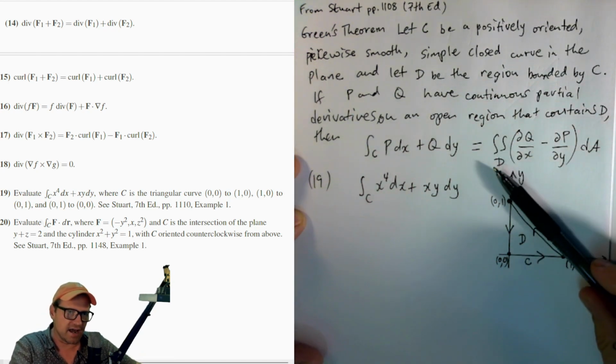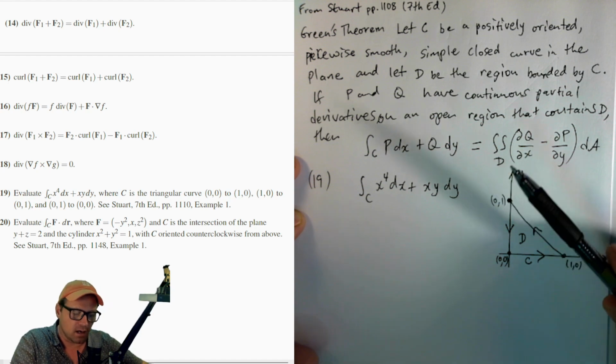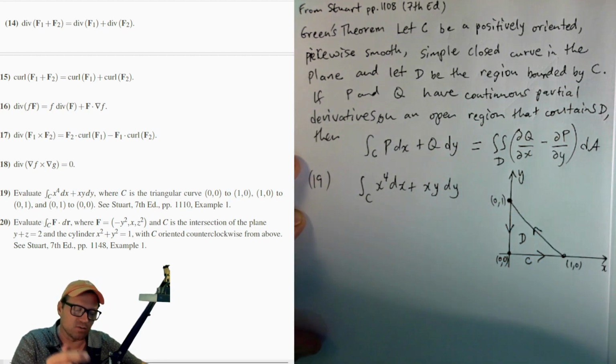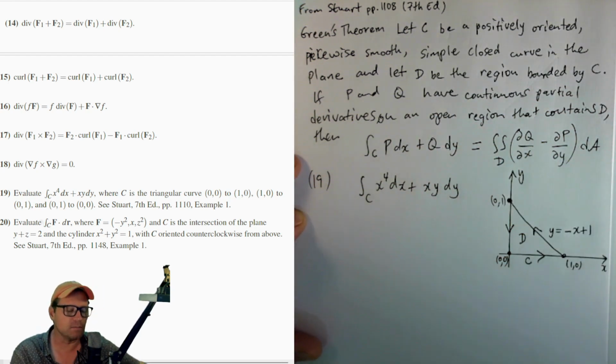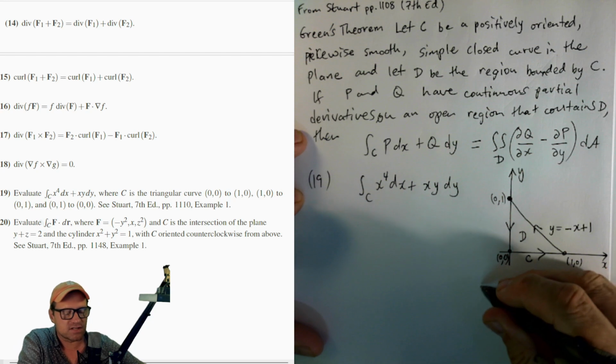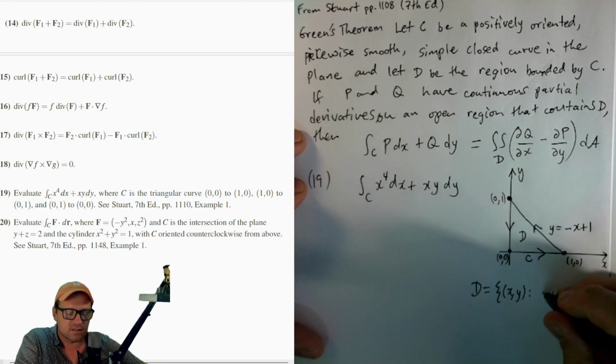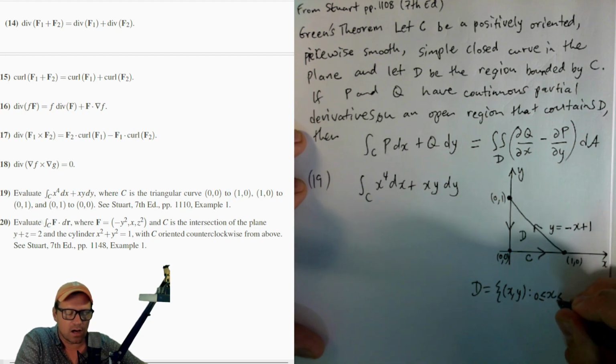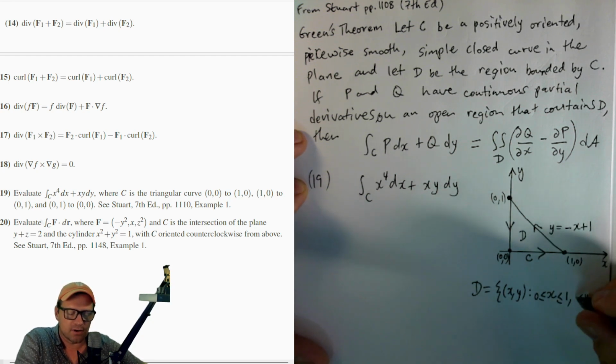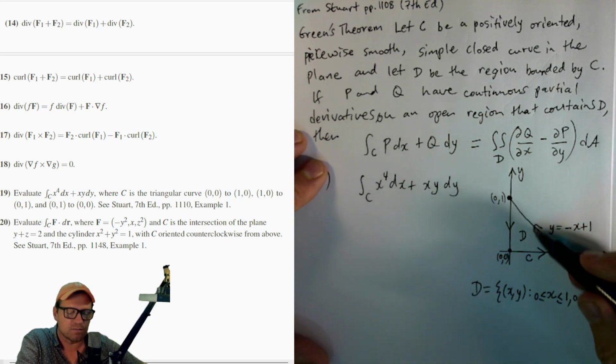Now this diagonal line here is the line y equals minus x plus 1, an intercept at 1. And so now we can express the region D as the set of all points x, y, such that x is between 0 and 1, and y greater or equal to 0, but it's less than or equal to 1 minus x, because it's below this line.